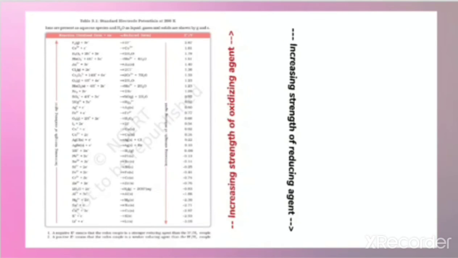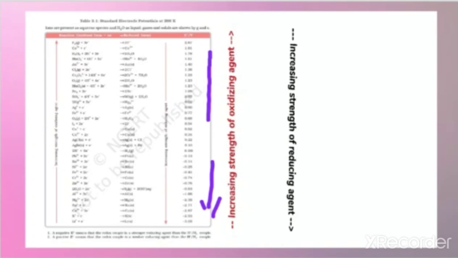Now in this table, the E naught values of different electrodes are given, and you can see for the hydrogen electrode the standard E naught value is given as 0 here. In this case we can see there are positive values above 0 and negative values below 0.